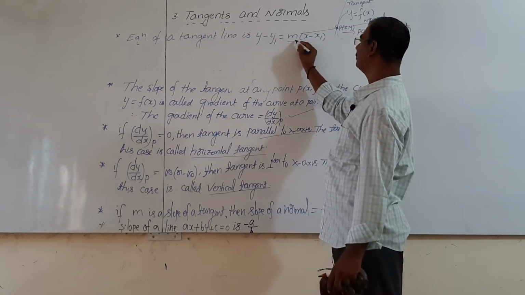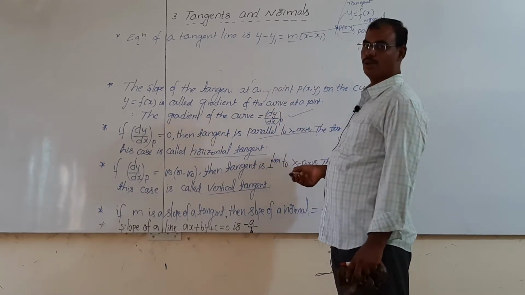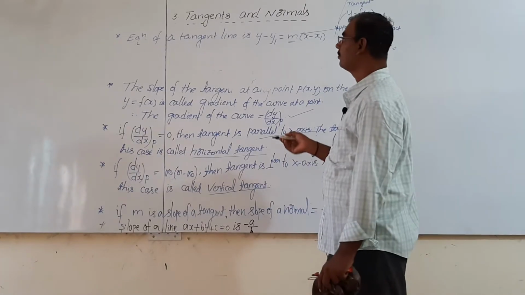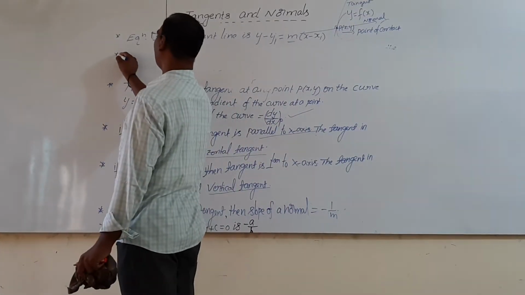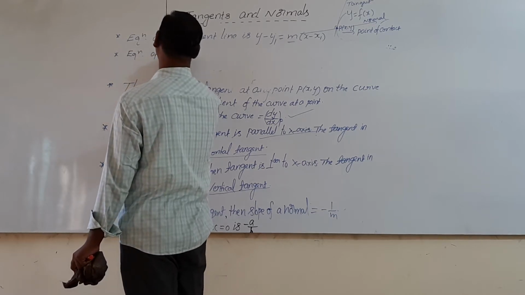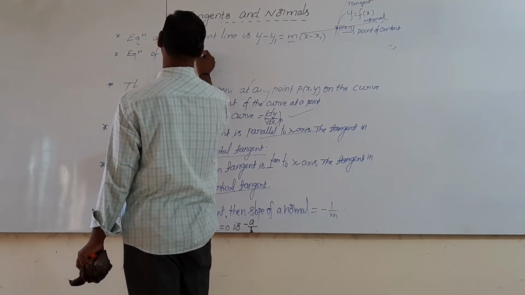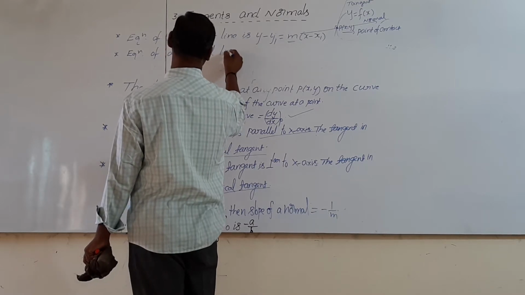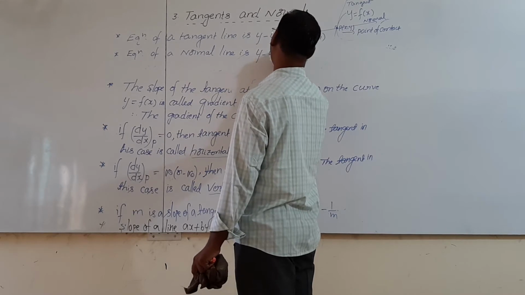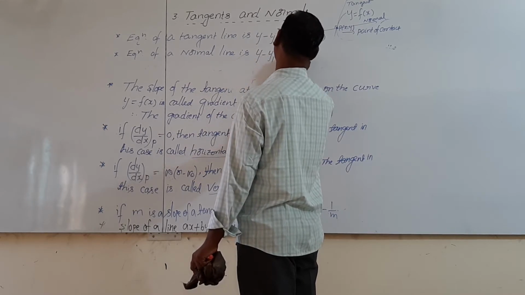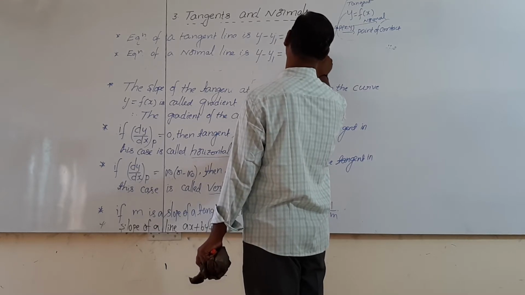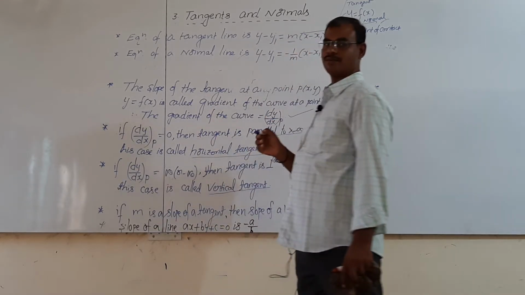What is m? m is equal to the slope dy by dx at any point P. And then the equation of a normal line is y minus y1 is equal to minus 1 upon m into x minus x1.